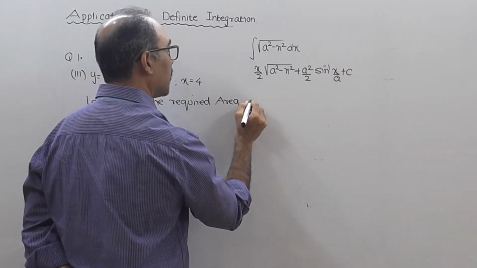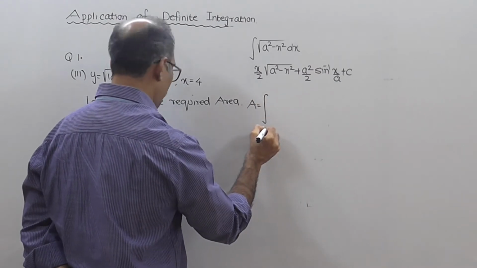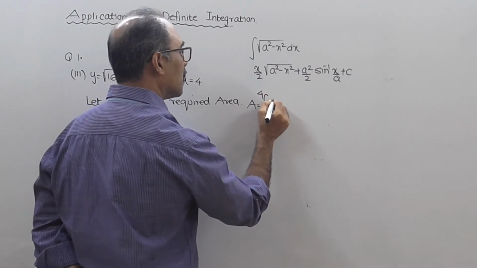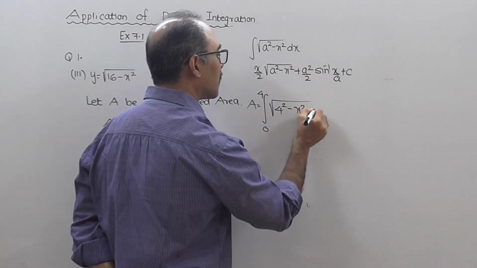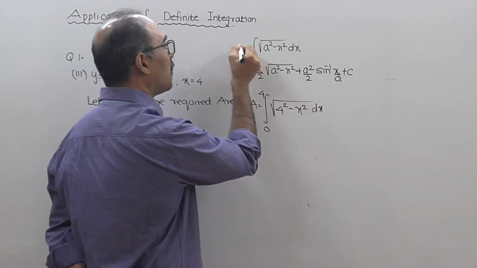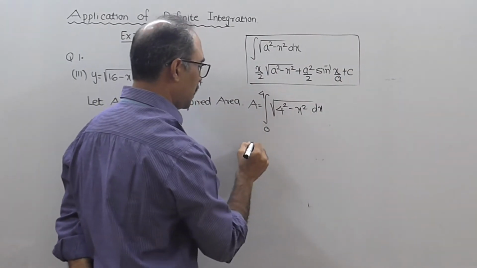So that means my area, I can write it as integration of 0 to 4. 16, I can write it as 4 square. So now it is in the form of integration of root of a square minus x square.